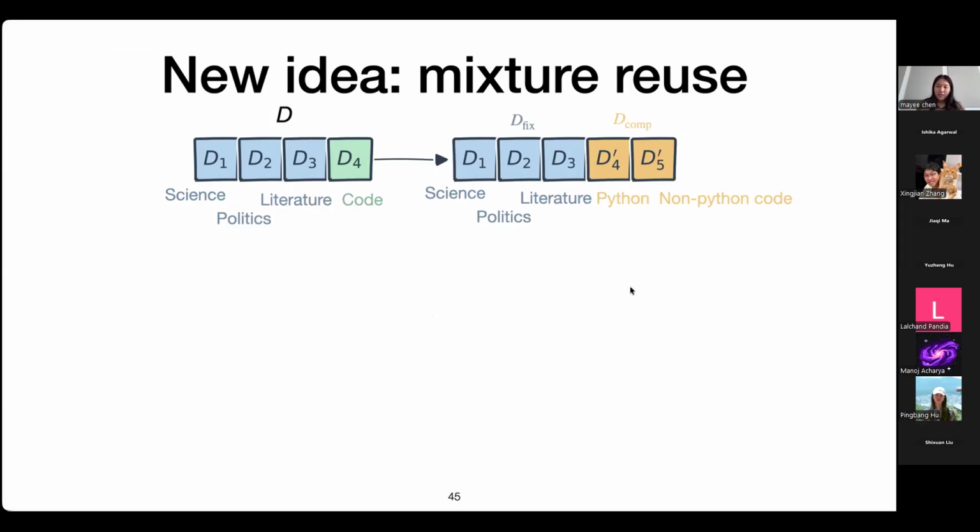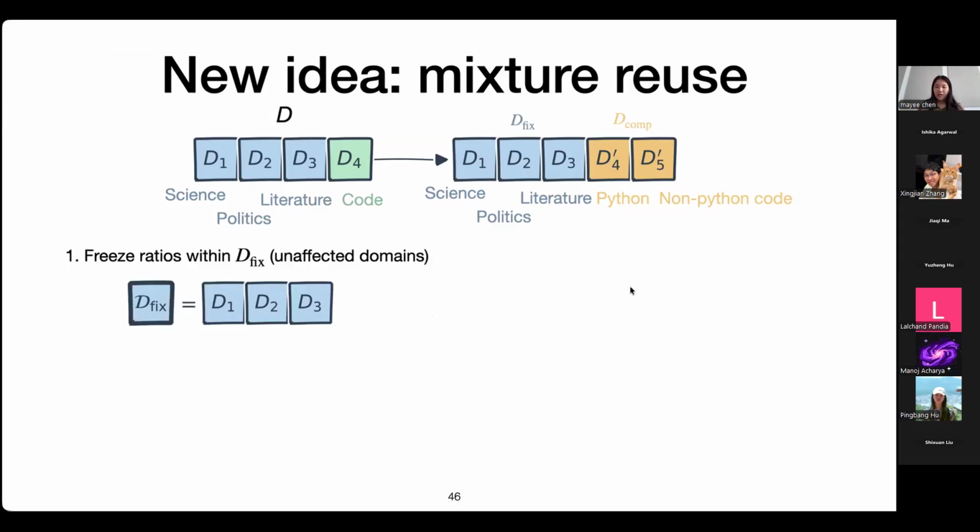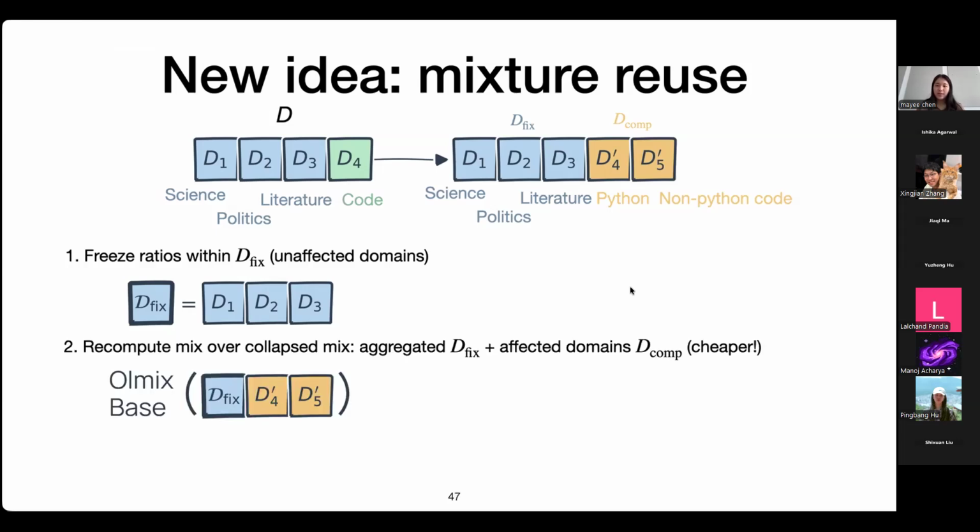So let's get into the method now. We take this D prime and we're going to split it into 2 subsets, dfix, which are the domains that weren't affected by the update, and dcomp, which are the domains affected by the update. The first thing we'll do is freeze the ratios within dfix, basically treating dfix as one giant virtual domain.